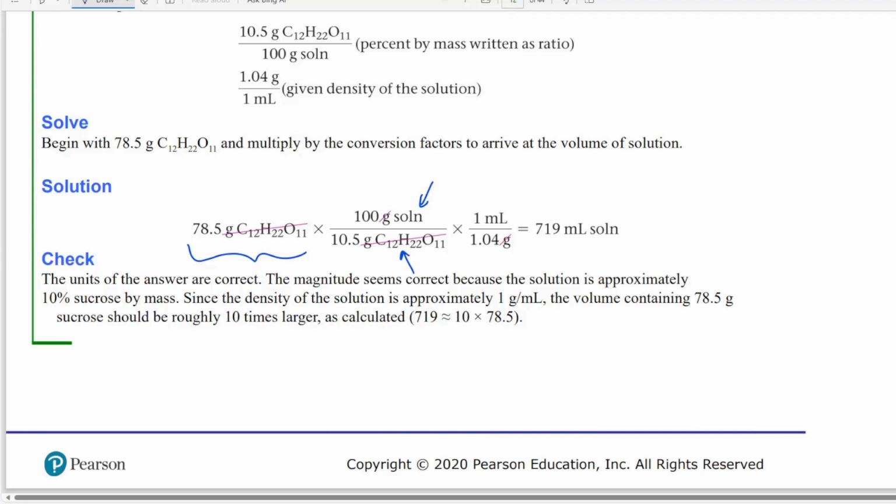Now we have 100 grams of solution on the top, and we can use the density 1.04 grams per milliliter to convert mass to volume. So now grams of solution cancels and we're left with milliliters. That gives us 719 milliliters of solution.